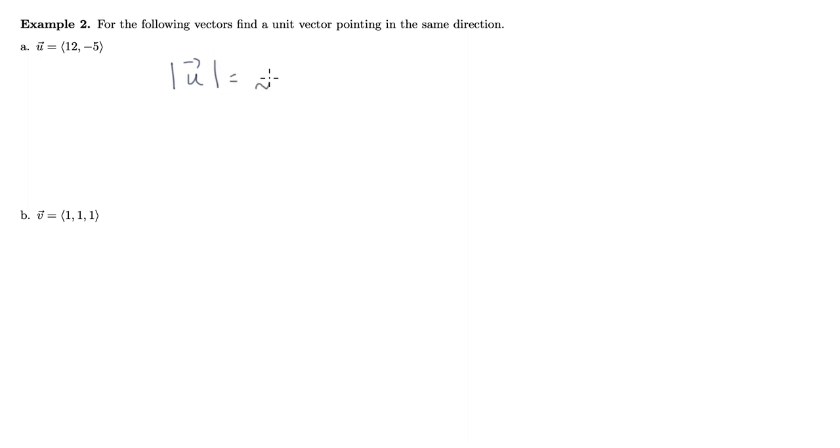Well, this is going to be the square root of 12 squared plus negative 5 squared. So that's 144 plus 25 gives us the square root of 169, which is 13. This is kind of a famous Pythagorean triple.